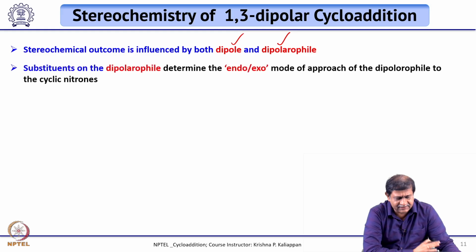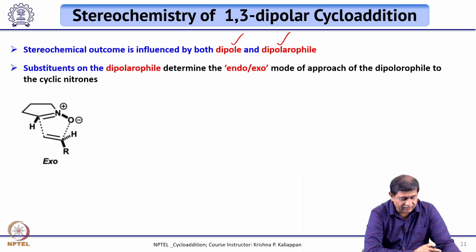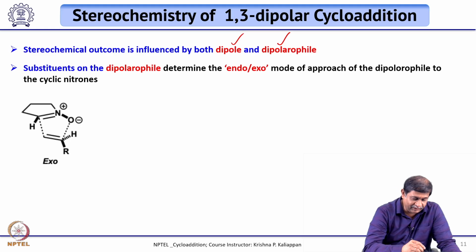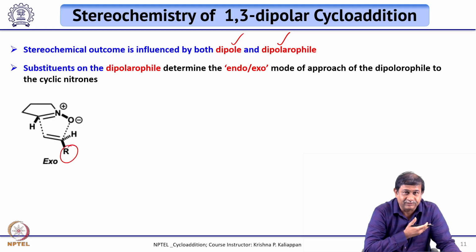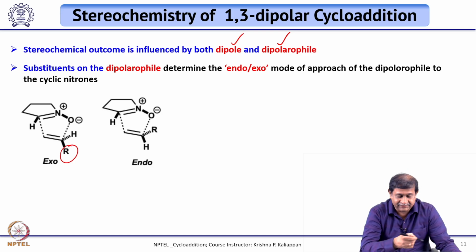Okay. Now let us see how substituents present in the dipolarophile determine whether you get endo product or exo product. Okay. So let us draw this transition state. So this is the cyclic nitrone, and you can see the R group is away from the nitrone. That means this is exo. And in this transition state, you can see the R group is below nitrone.